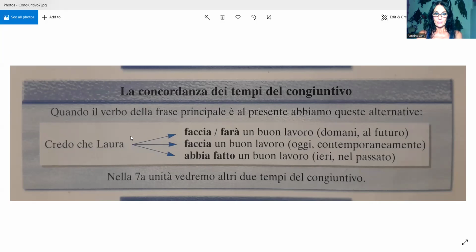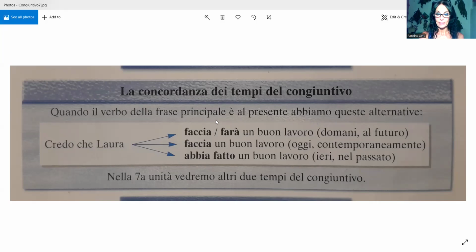So we could say, "credo che Laura farà un buon lavoro." Farà is the future tense. I believe that Laura will do a good job. This is if we are talking about domani, al futuro, tomorrow, or any time in the future. We would use the future tense.